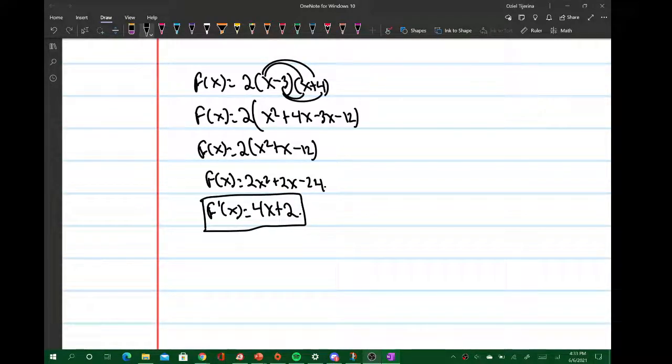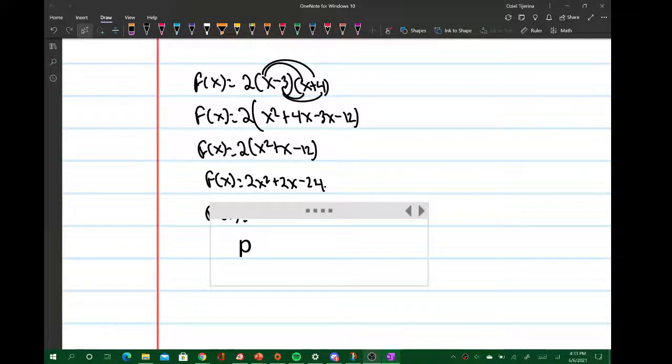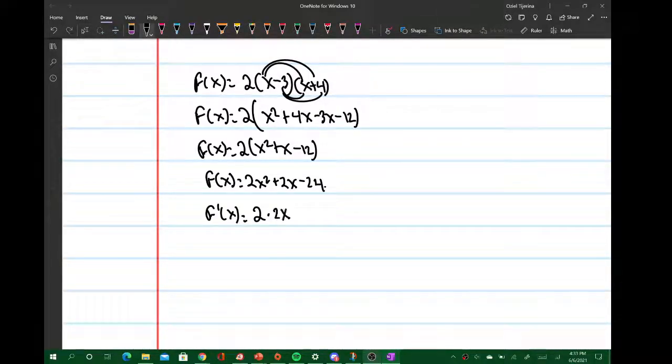Because you do 2x, so I'm going to do it step by step. So f prime of x equals 2 times 2x to the 2 minus 1 plus 2, because remember the slope of 2x is 2, and then minus 0.